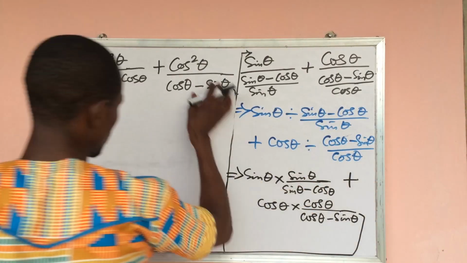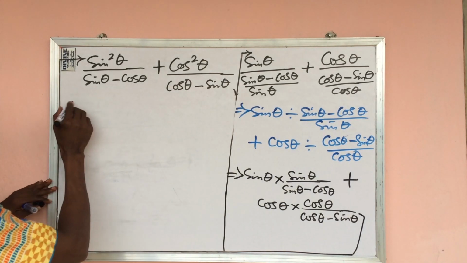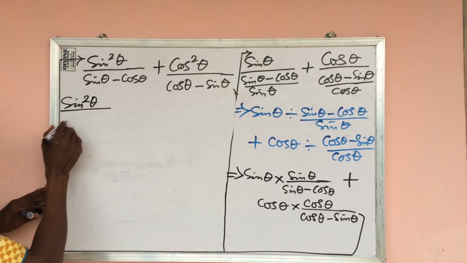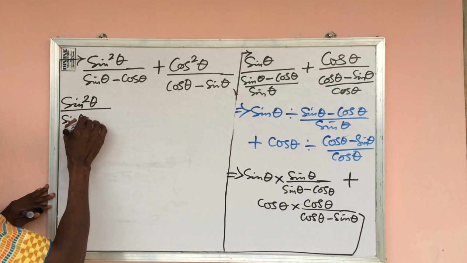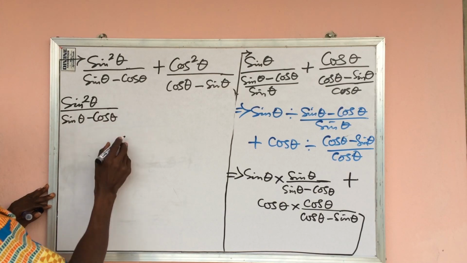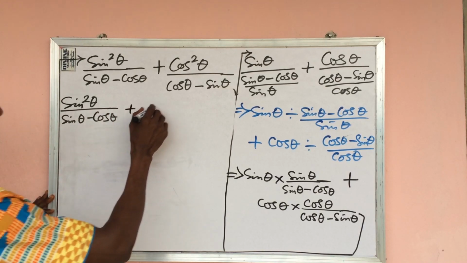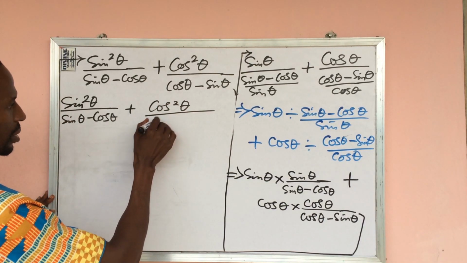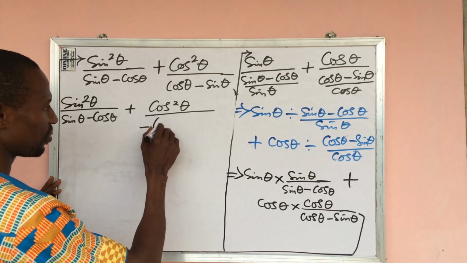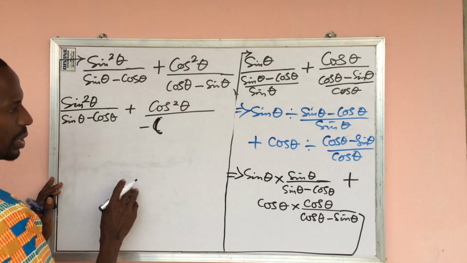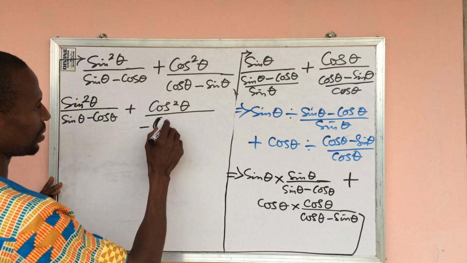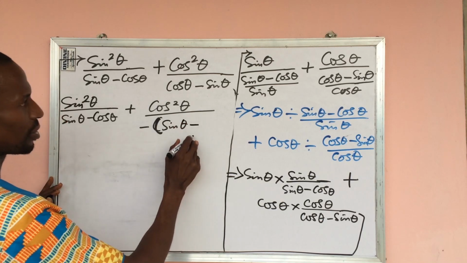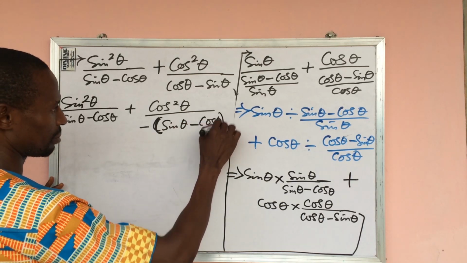So this expression will also be written as sine square theta all over sine theta minus cos theta, plus cos square theta all over minus bracket, sine theta minus cos theta.